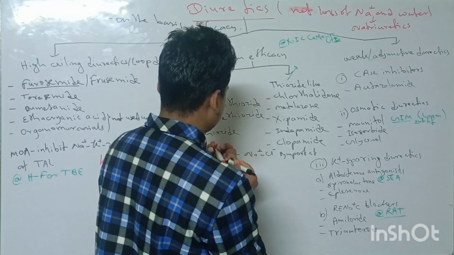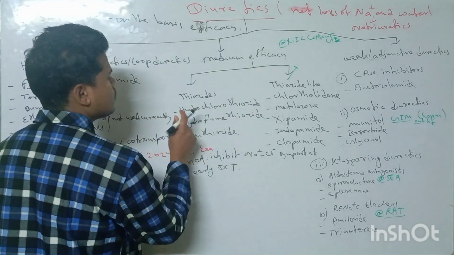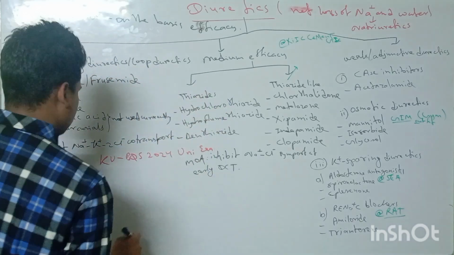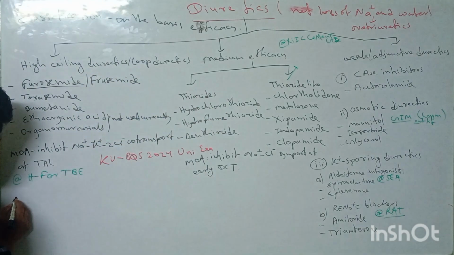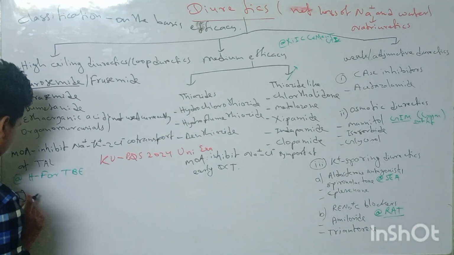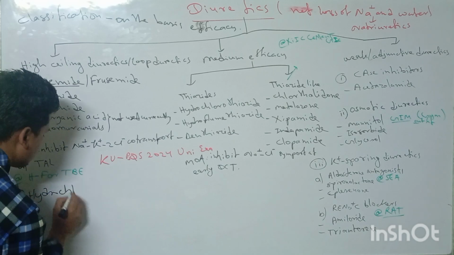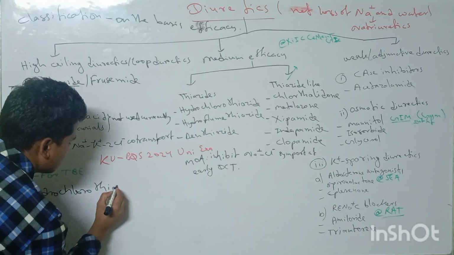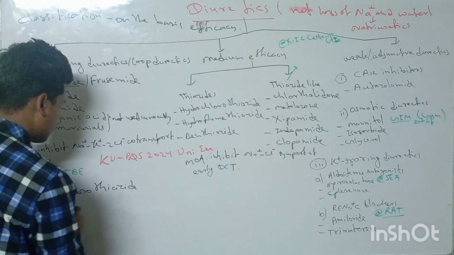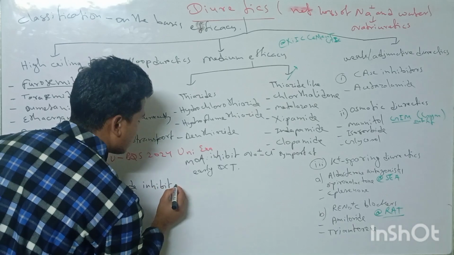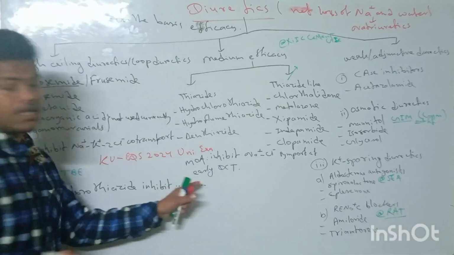One MCQ was from these thiazides. What was the question? The mechanism of action of hydrochlorothiazide: hydrochlorothiazide inhibits or blocks which transporter?